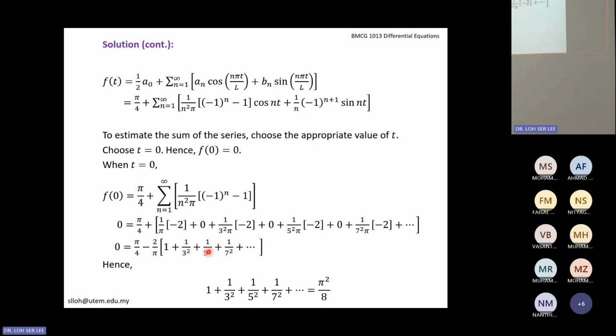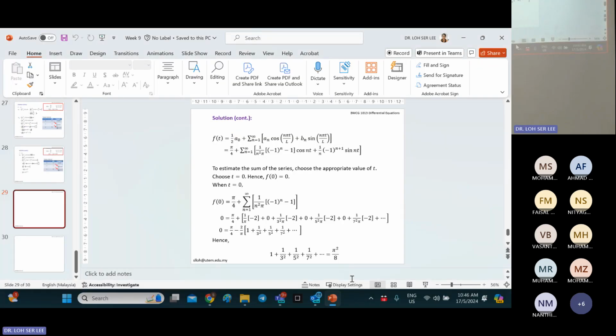Finally, we want only this. So you move this term to the left, and you move the 2 over pi to the right. Then you get this. This one I write on the board.